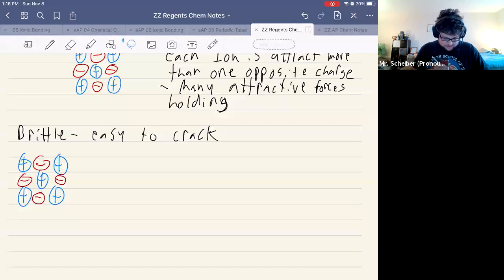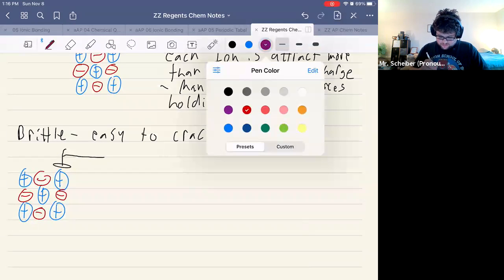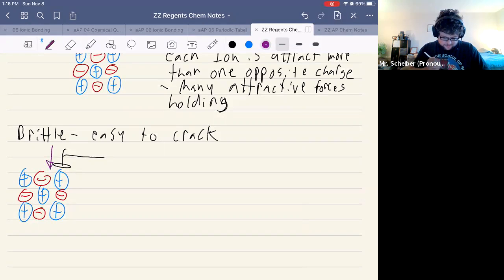And the reason that they are so brittle has to do with how they have alternating charges, alternating ions in their crystal lattice. For example, if I were to take a hammer, there's my hammer, and I were to push down on that hammer, right? So that hammer's going to be going downwards. This is what the resulting one's going to be like.